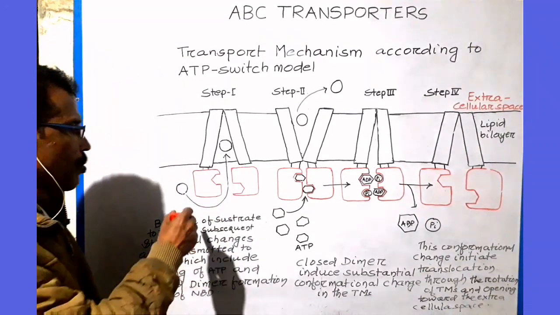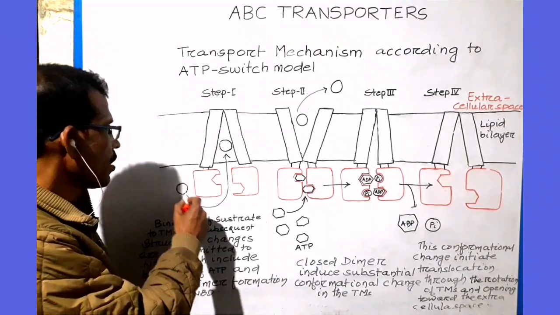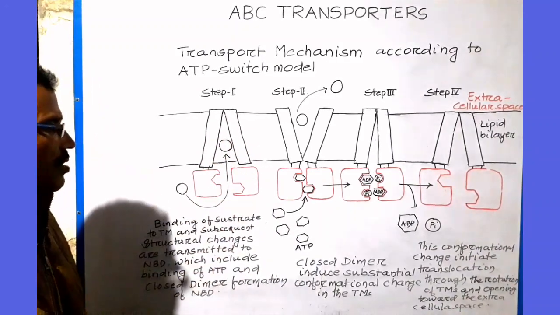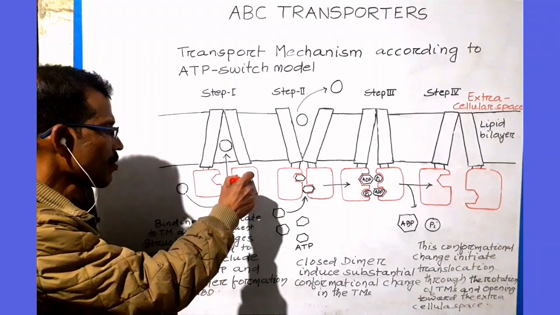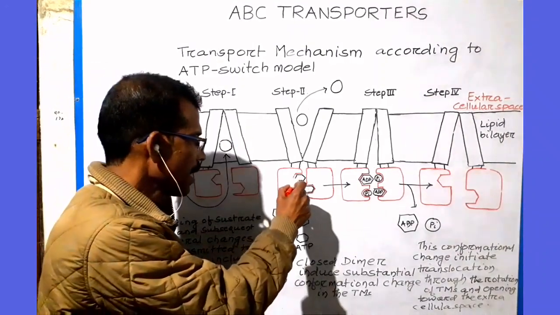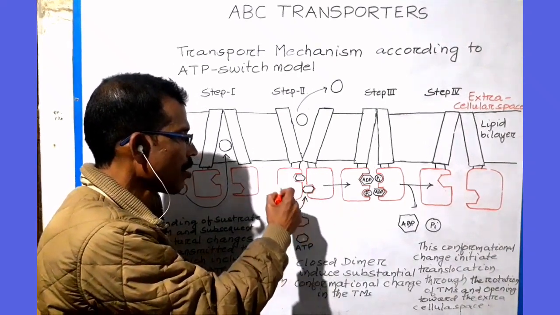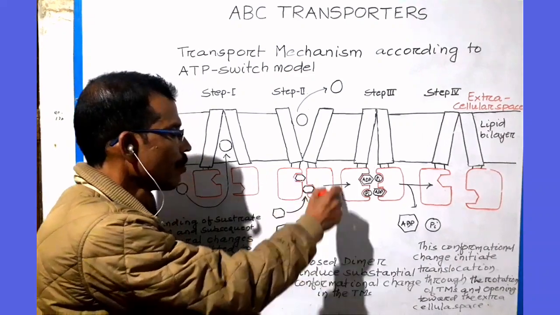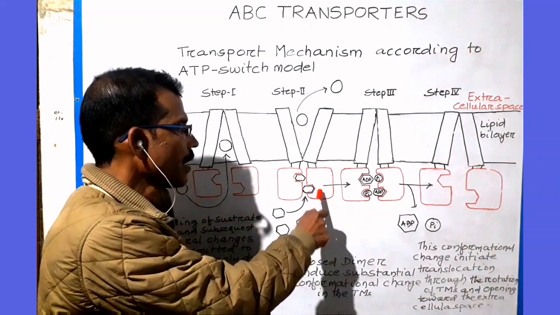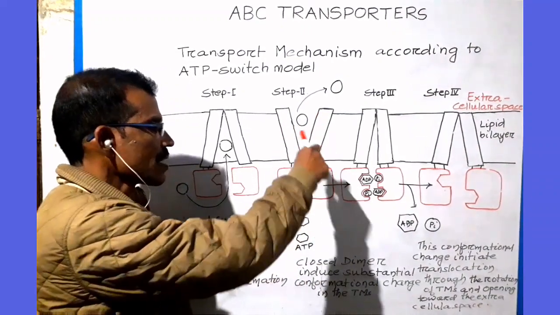The transport process is initiated by binding of the substrate to the transmembrane domain and subsequent structural changes are transmitted to the nucleotide binding domain, which includes binding of ATP and formation of a closed dimer of the nucleotide binding domain. The closed dimer of the nucleotide binding domain induces substantial conformational change in the transmembrane domain.